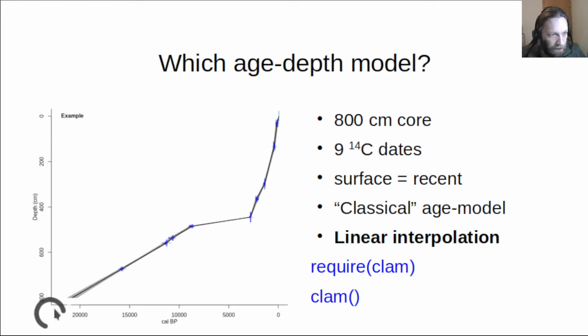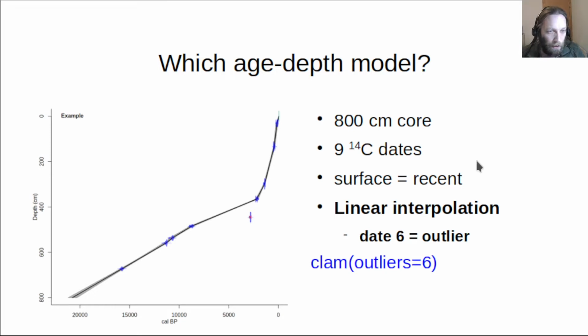You see here we are extrapolating. This one here has some quite abrupt change in accumulation rate at one of the dates, and that might not be very realistic. So you could decide to then kick out that date as an outlier and then produce your age-depth model that way, so it's a bit more smooth.